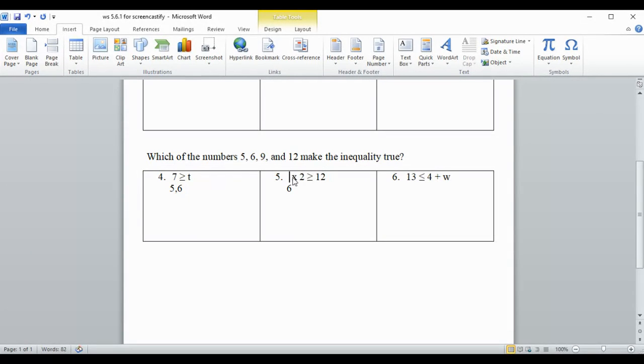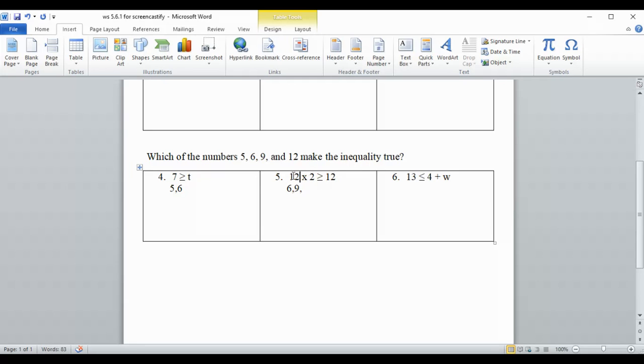And then we're going to write down 9. 9 times 2 is 18. 9 times 2 is 18. 18 is greater than or equal to 12. It's greater than 12, so that one works. So we're going to put down the 9. That's what we replaced the H with. And then our last number we're going to check out is 12. 12 times 2.